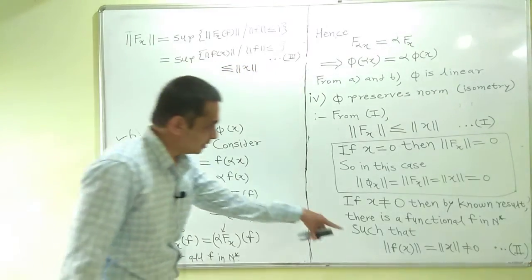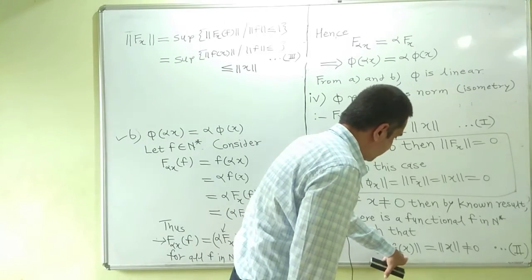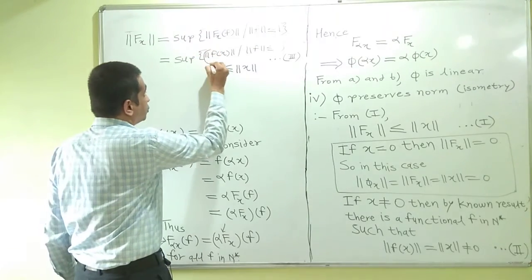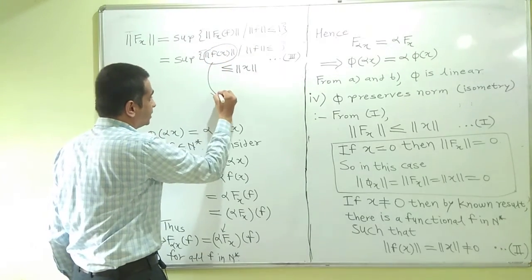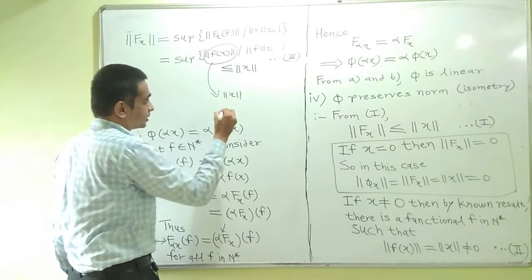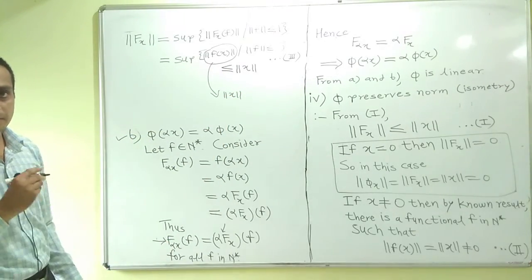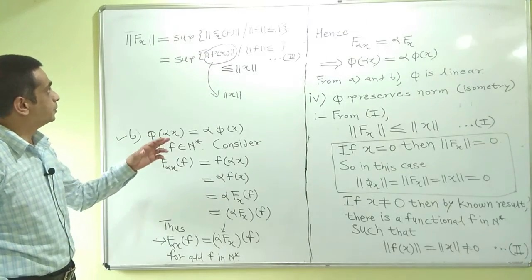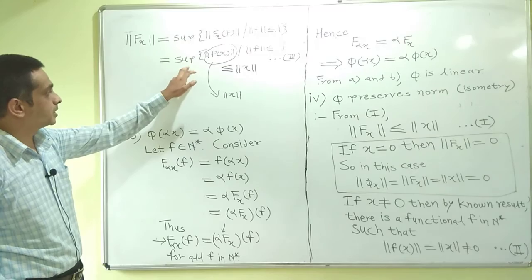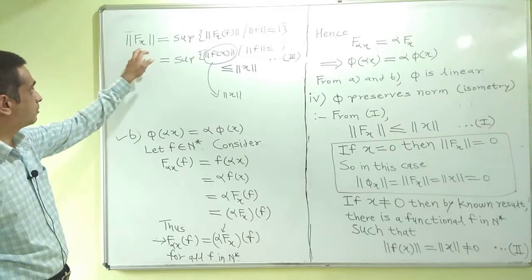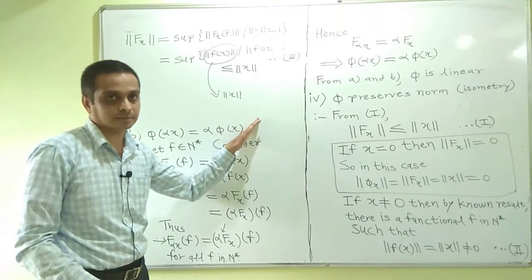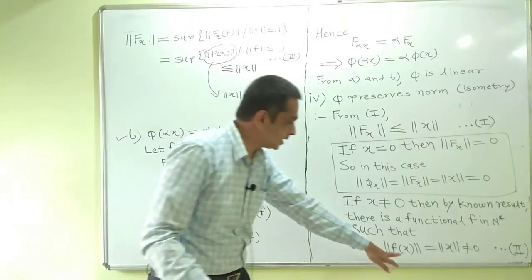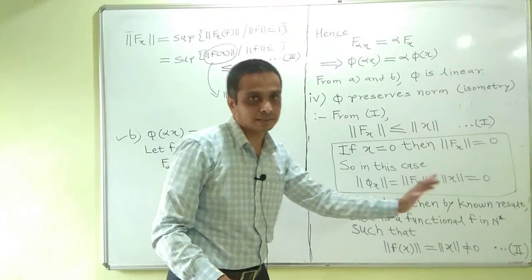And we actually have one element whose value is equal to norm x. If you carefully think, you will get that the supremum of this set must be norm x. That is, norm of fx must be equal to norm x, because the supremum is less than or equal to norm x, and there is actually an element which has value norm x.